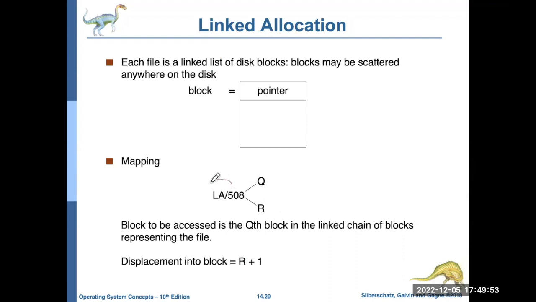Now we can see that here we are generating the address of the block and the displacement into the block to read the data or to store the data. One thing we see here is that we are dividing by 508 rather than 512 as in the previous example. Why is that happening? Because the last four bytes are used for pointing to the next block.